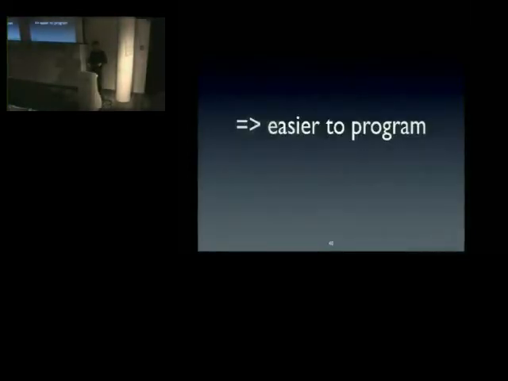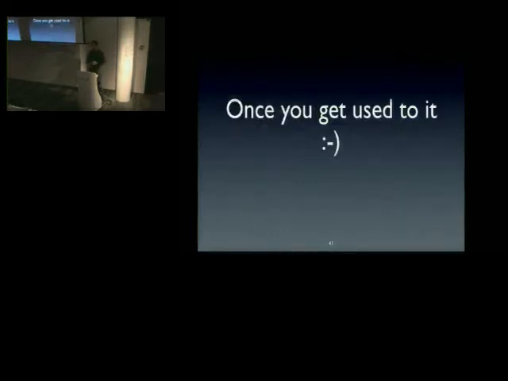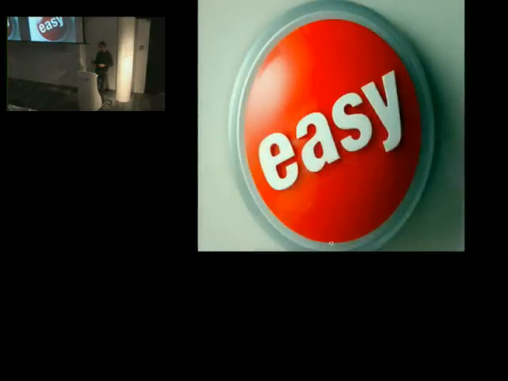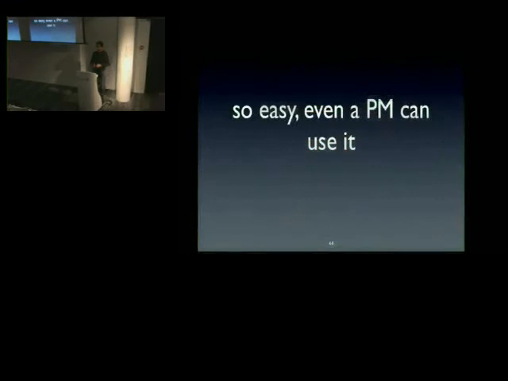So we think V2009 is easier to program, but because it's a big change, you need to get used to it. Once you get used to it, you see the pattern, the get, mutate, the selector, and the operations. It's actually quite easy to program. So when I say it's easy, how easy is it? To prove to our team, the AdWords team, I said that V2009 is so easy, even a PM, that's me, can do it.